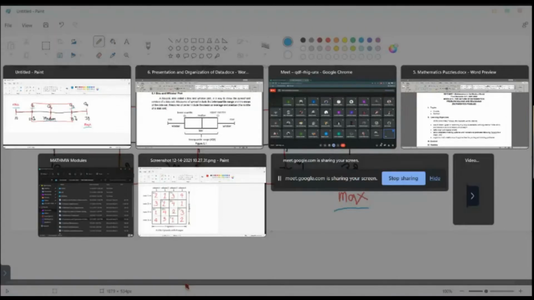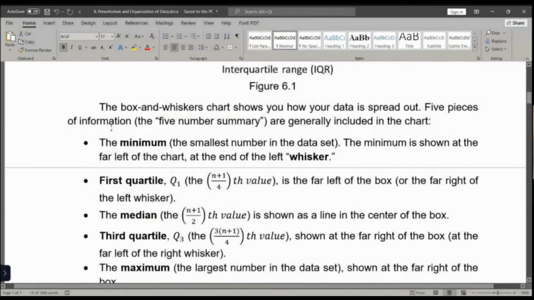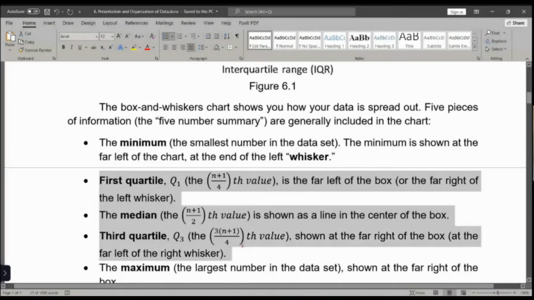Going back to our presentation, ito yan. I already discussed this, and here are the formulas we used to locate the first quartile, the median, and the third quartile. Take note, this is only the location.